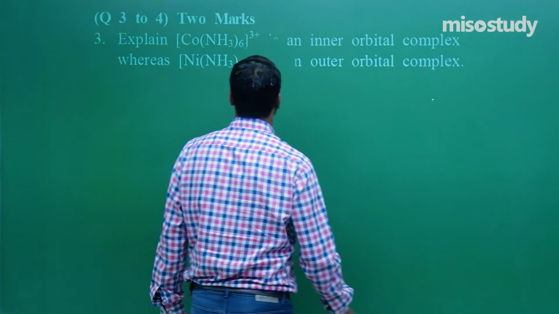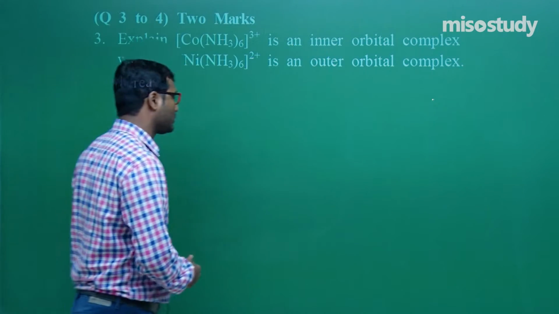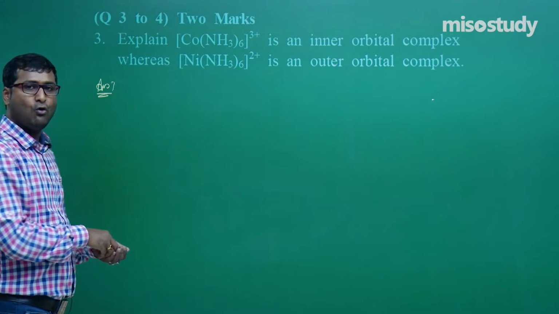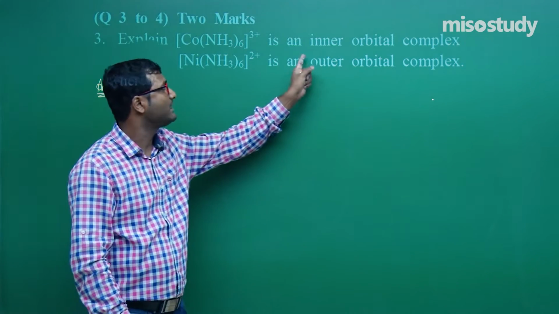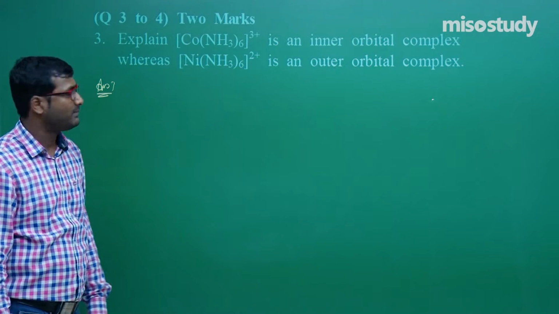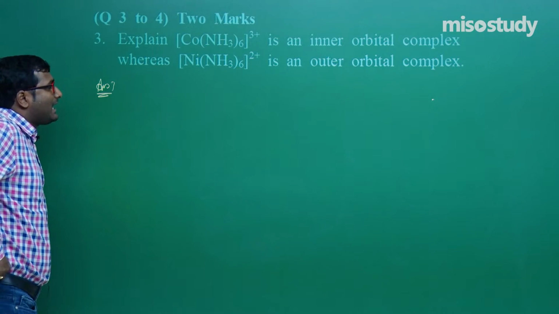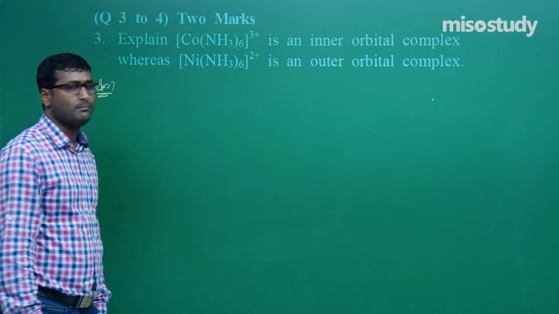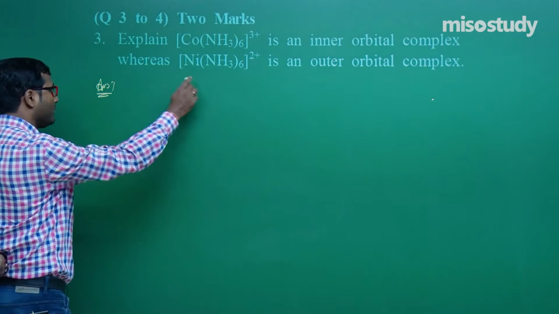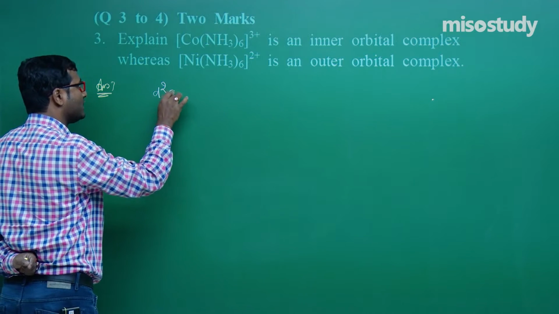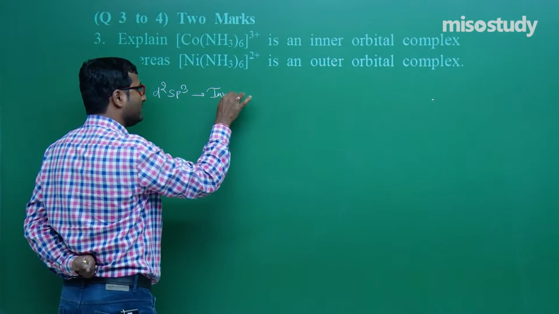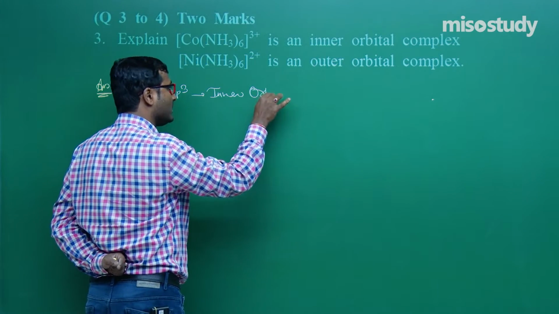Now the third one, what is given here? Read the question. The third question: explain [Co(NH3)6]3+ is an inner orbital complex, whereas [Ni(NH3)6]2+ is an outer orbital complex. As we know, do you remember, if the hybridization is d2sp3, then it is an inner orbital complex.